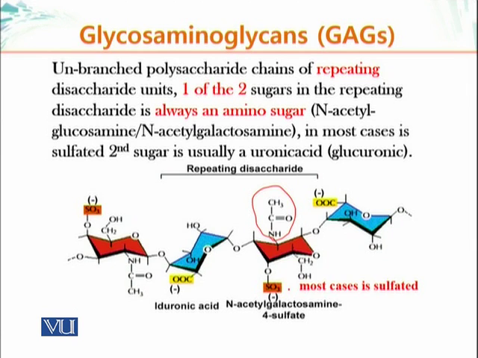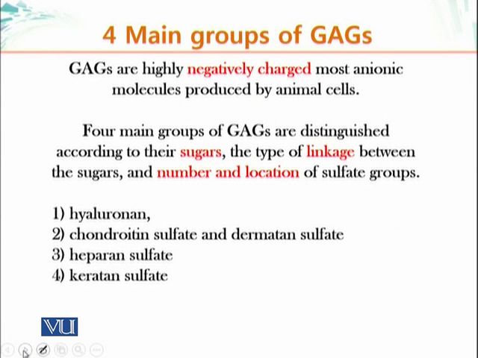But also, I would like to mention that the second sugar, in most cases, is either a uronic acid or glucuronic acid. These molecules, in many cases, are sulfated. So that gives these molecules negative charge. GAGs are highly negative because of these sulfate groups that are attached to them.